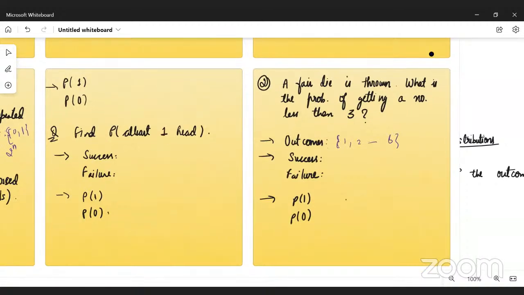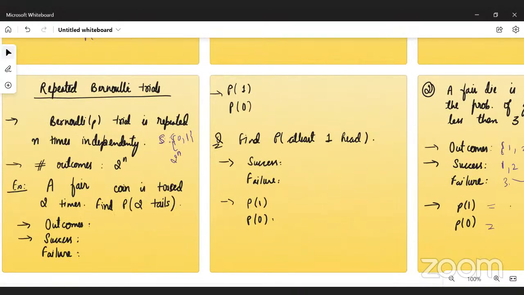Probability of getting a number less than 3. So success is getting a number 1 and 2, and failure is going to be 3, 4, 5, 6. So all this is easy, right? If an experiment is performed once, you can identify what is success, outcomes, and failure.